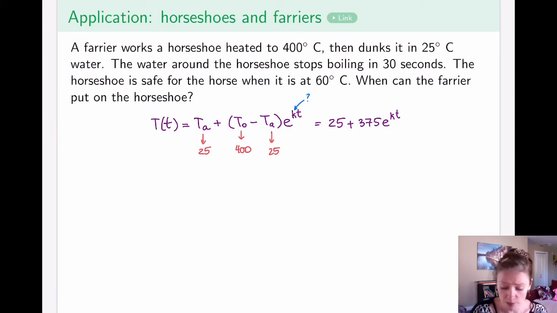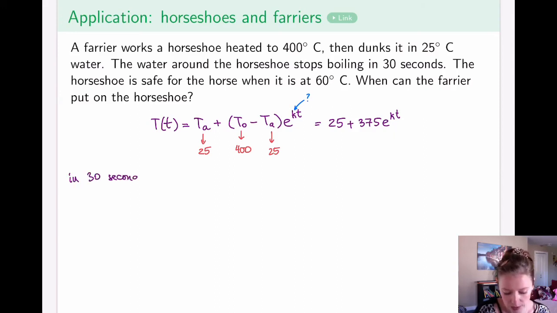So the other piece of information we have not used yet is the fact that the water around the horseshoe stops boiling in 30 seconds. I know that the boiling point of the water is 100 degrees Celsius, so it's safe to assume that in 30 seconds, the temperature of the water around the shoe is 99 degrees Celsius. So let's record that.